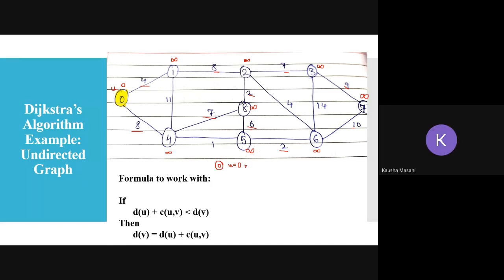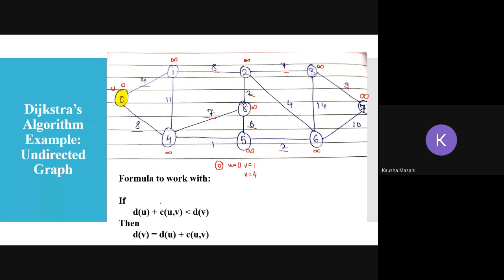So one value of V will be vertex 1, and another value for V will be vertex 4. And you have to calculate the vertex distances, D of V. These infinities you have to update.